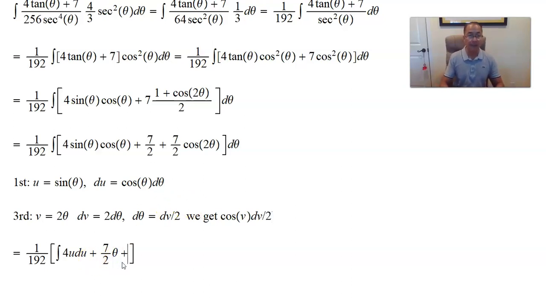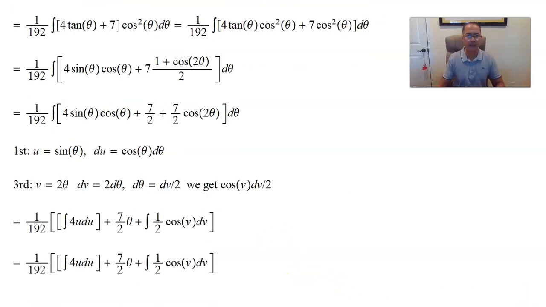So we get plus 7 halves times 1/2 integral of cosine v dv. By the way, this still needs to be integrated, and for this third one, we only integrated the second term. Okay, so now we are ready to integrate the first and the third.